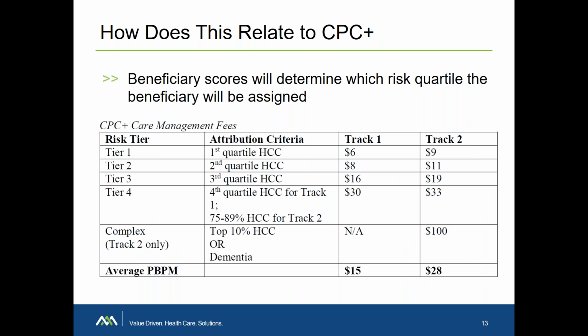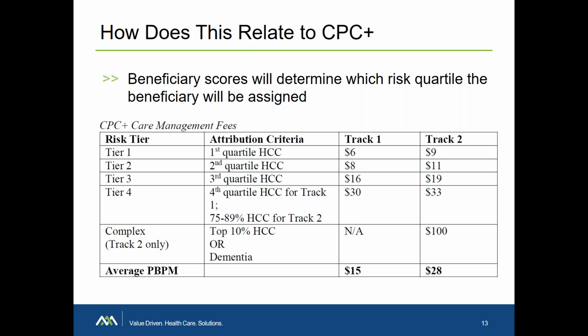Track 1 practices will receive a care management fee that averages $15 per beneficiary per month. The higher the quartile for the beneficiary, the higher the monthly fee. This is why it's important to document all chronic conditions and code to the most specific diagnosis that is possible. In addition to the per beneficiary per month fee, practices will be paid a fee-for-service rate for covered E&M services.